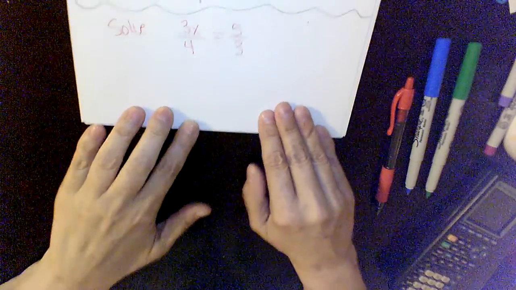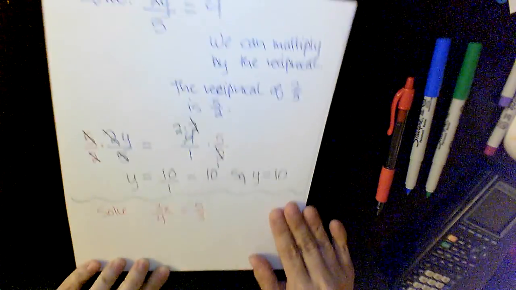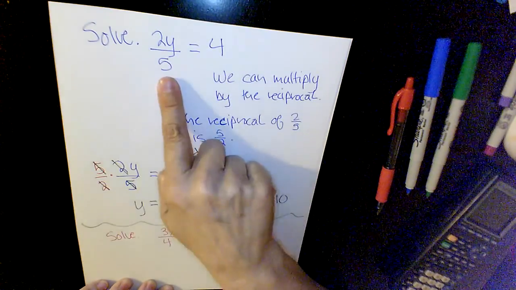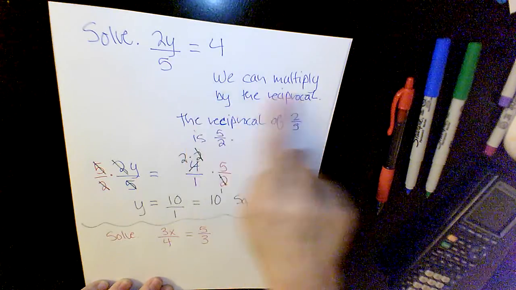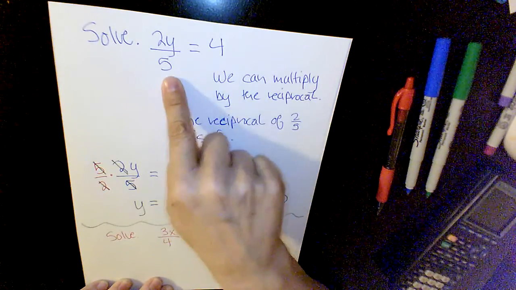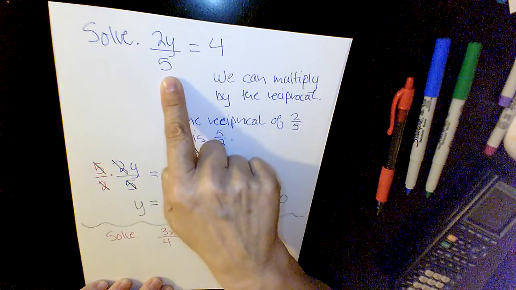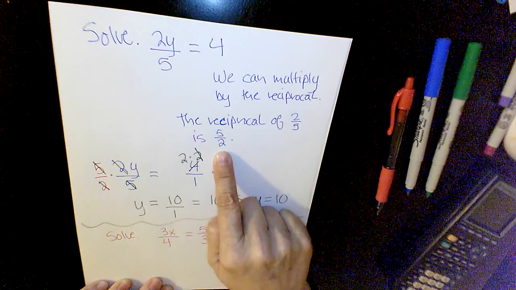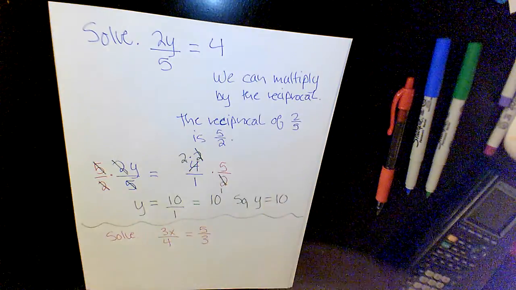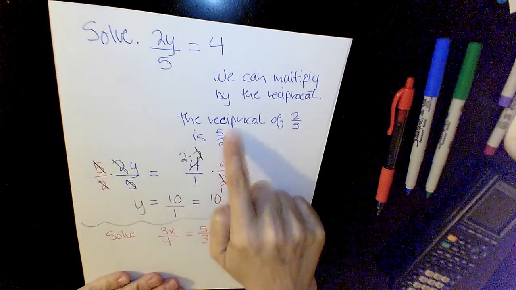So remember what we did last time when we had the 2/5 sitting with the y, or being multiplied by the y. We multiplied by the reciprocal. And the reciprocal was just the 2/5 flipped over, and that's 5/2.